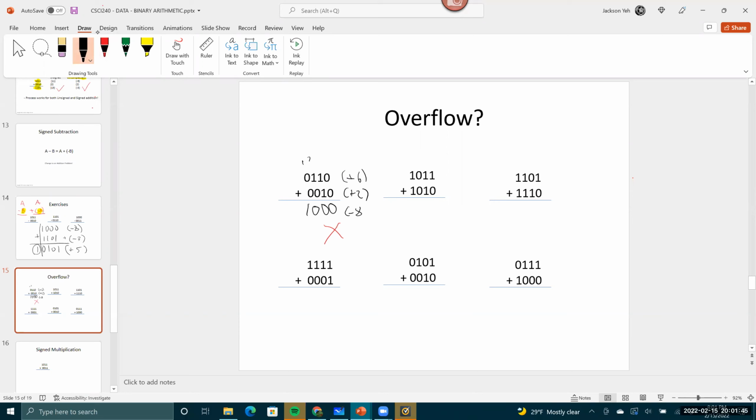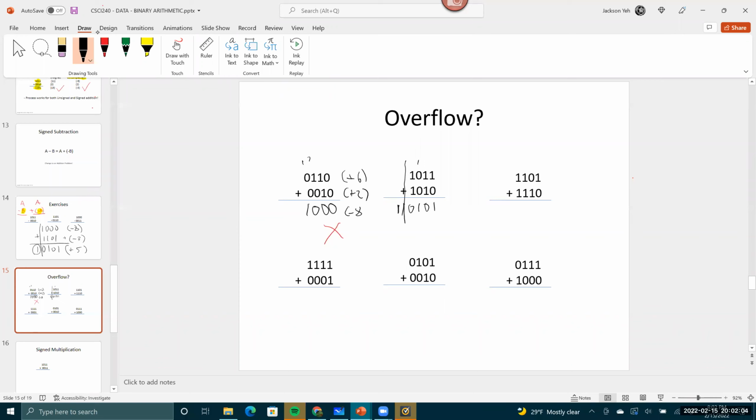Okay, let's do the next one. This is 1. 1 plus 1 is 2. 1, and this one has overflow, right? So with this, we have an overflow right here.